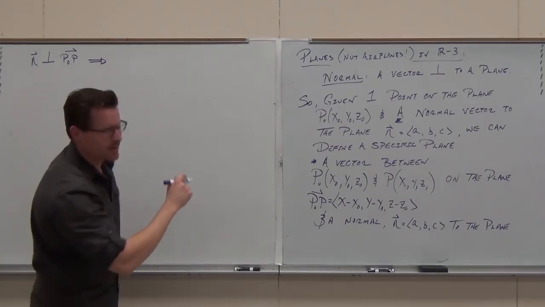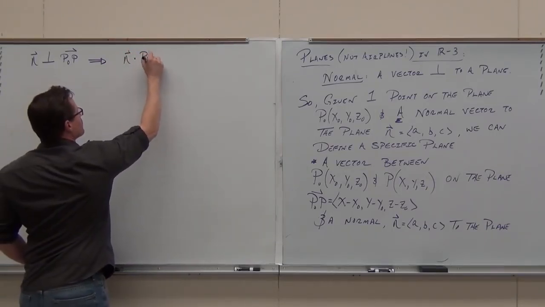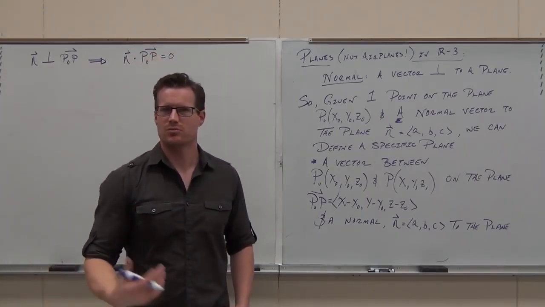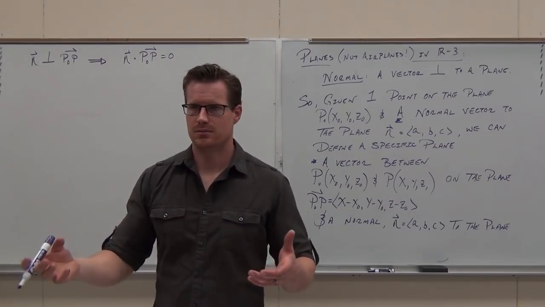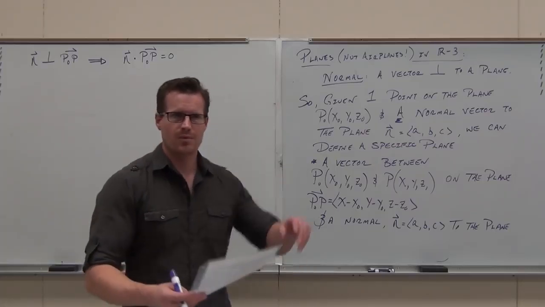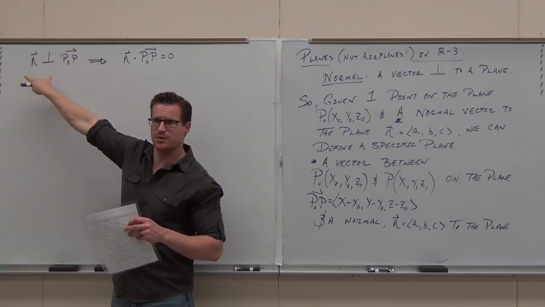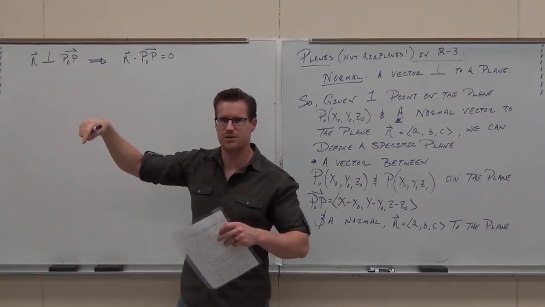If two vectors are perpendicular, orthogonal, their dot products have to be 0. That's literally essentially it. Remember that this happened if and only if these things were perpendicular. That was the only way it happened. So if we have perpendicular, we have to have the dot product equal 0.